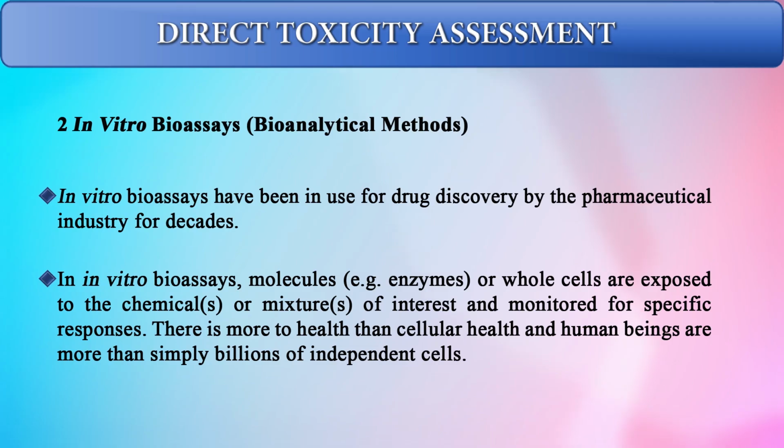In in vitro bioassays, molecules, for example enzymes, or whole cells are exposed to a chemical or mixture of chemicals of interest and they are monitored for a specific response. There is more to health than cellular health and human beings are more than simply billions of independent cells.